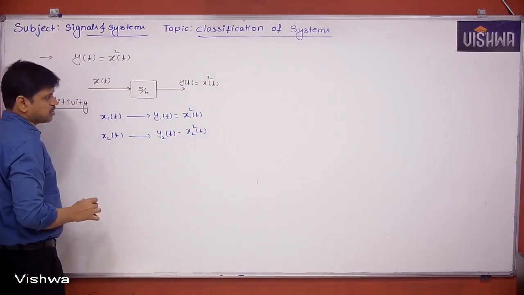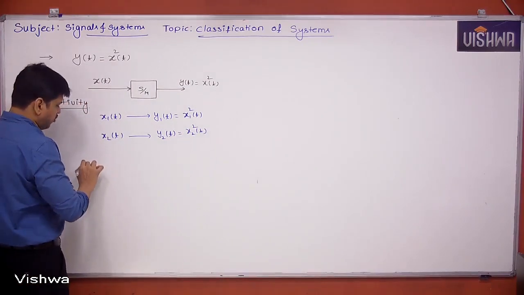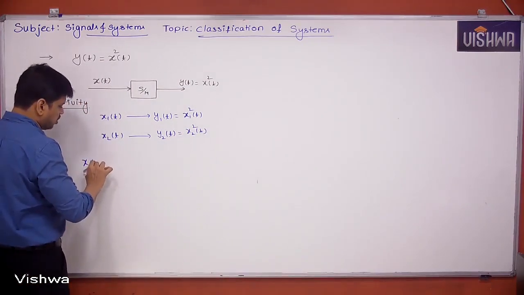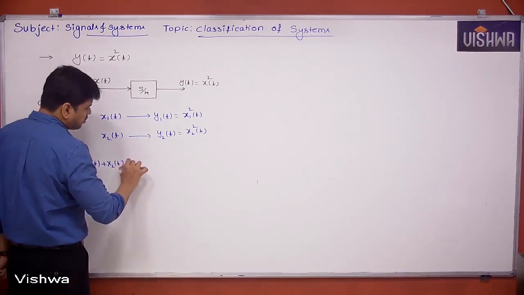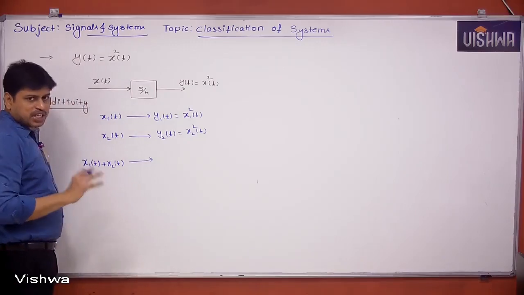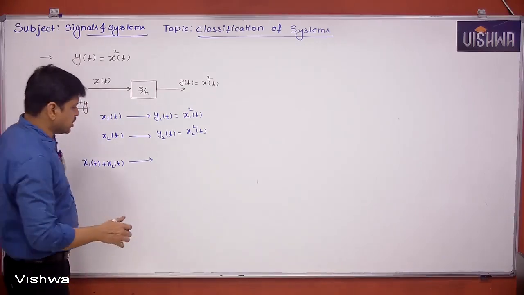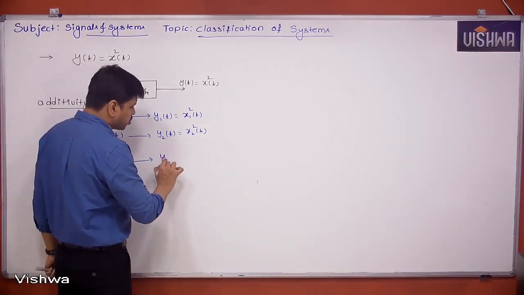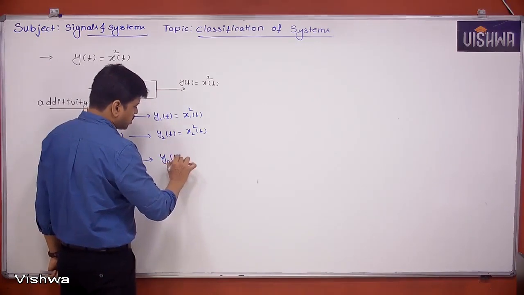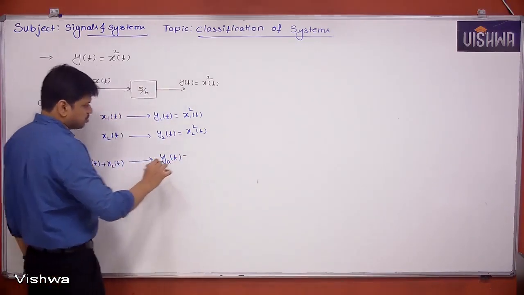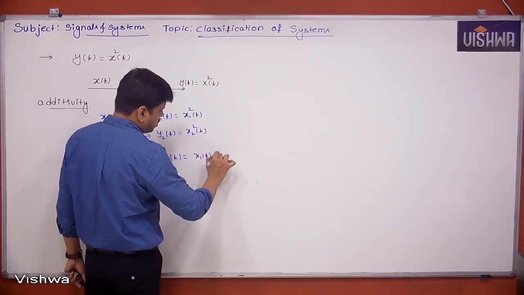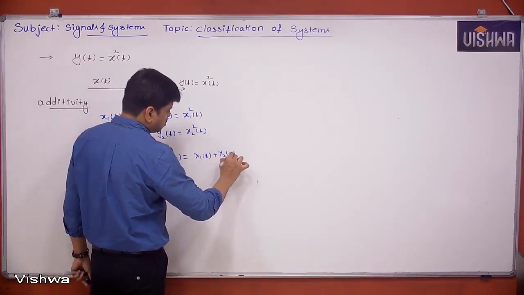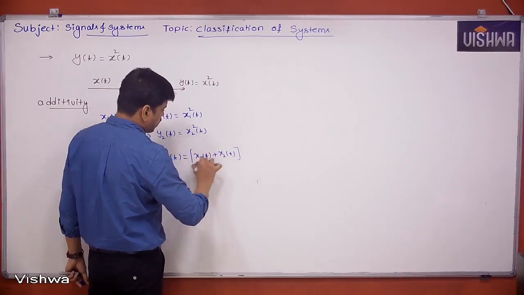Now, if I combine them, x1 of t plus x2 of t, what will the system do? Whatever the input given, it has to square it. That means the actual output I am getting is nothing but the square of the input, that is, x1 of t plus x2 of t, whole square.